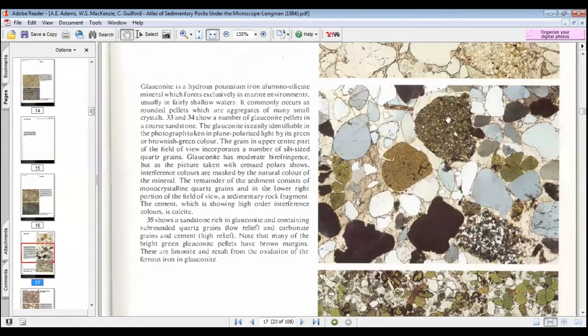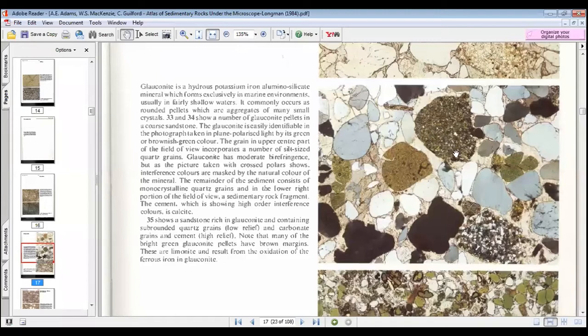In shallow marine sandstones it is very abundant, and it is a very important part of sedimentological studies, if you guys study sedimentology.